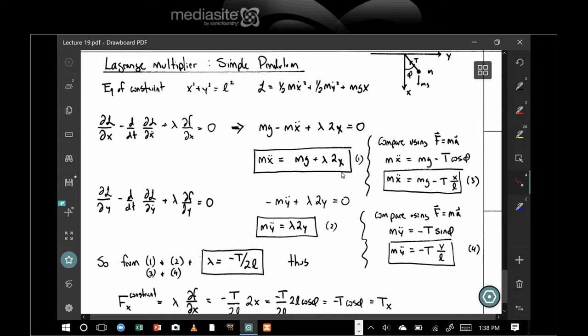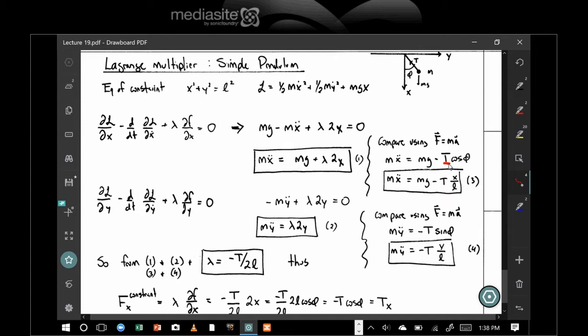All right, so this is my equation of motion. Now, we're not going to solve it, but what we're going to do is compare this to F equals ma. So F equals ma, again, I have tension and mg. Okay, so notice that in the x direction, mass times acceleration in the x direction is going to be equal to mg, that's downward, and then T, I'm going to call this the tension, and the component of tension in the x direction is T cosine phi.